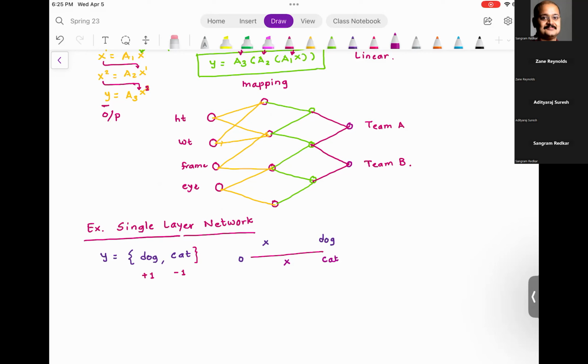At the end of the day, you can change this, and maybe you have cat and you have dog. You are going to provide some features. So these are the features.